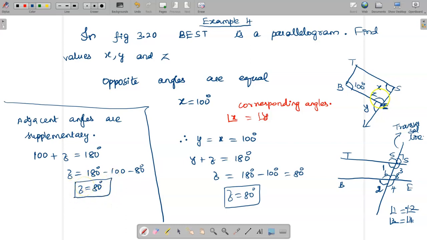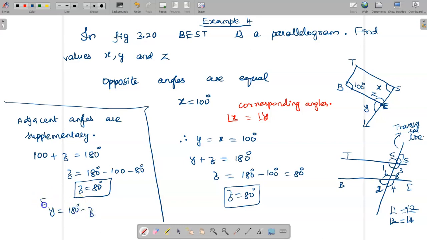Once we have determined z, as we have discussed in the previous exercise, this is the interior angle and this is the exterior angle. Once we know the interior angle, we can easily find the exterior angle. The exterior angle y is 180 degrees minus z.